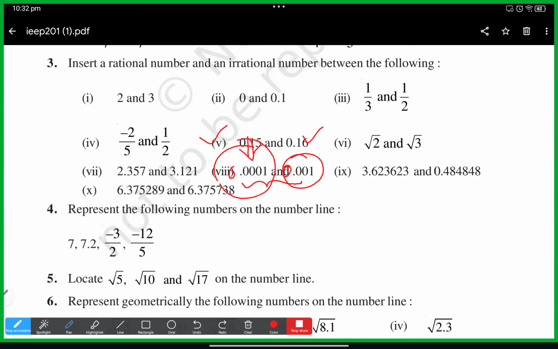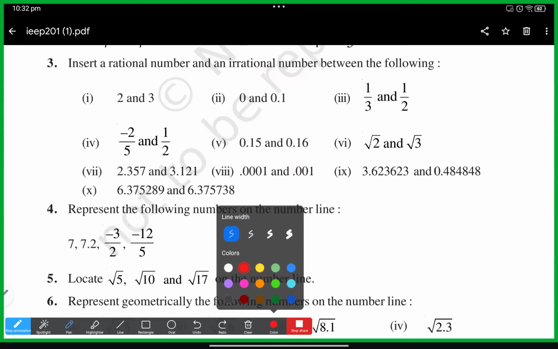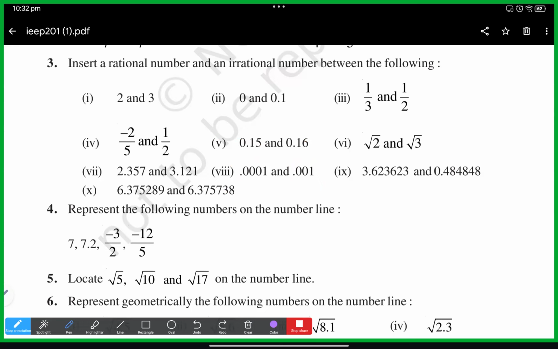Okay, sir. So for any rational number, after this one, anything we can write because this is smaller, no? Yes, sir. If we repeat these 4 digits, and after the one, if we write anything, that is smaller than this one.